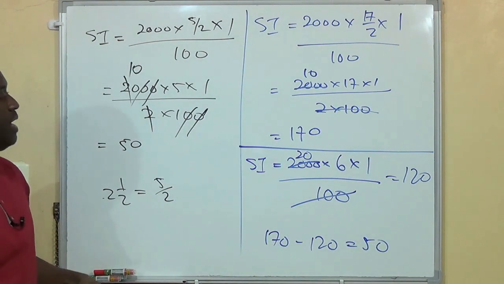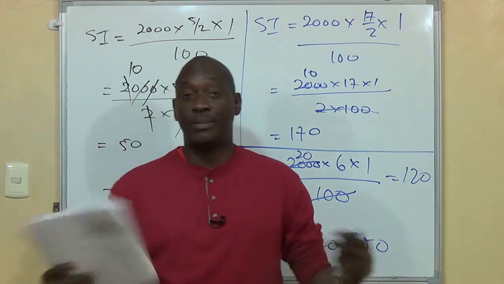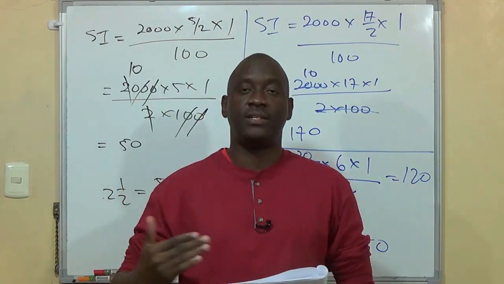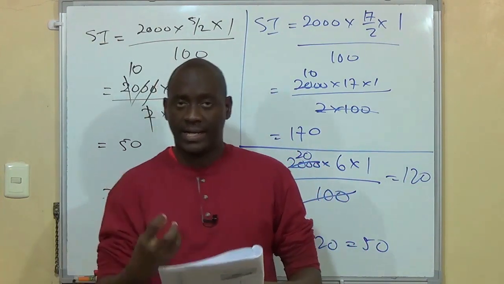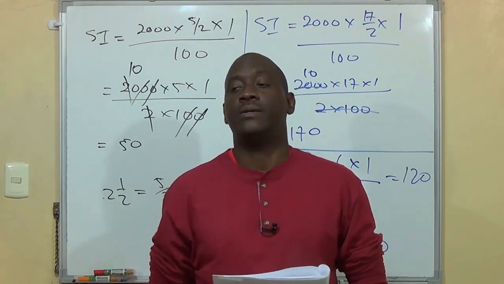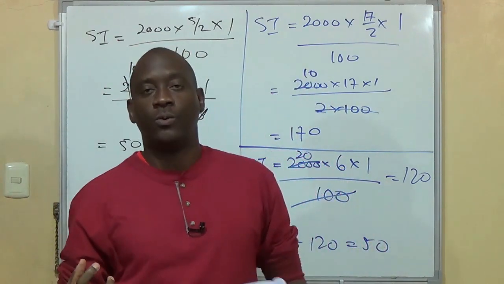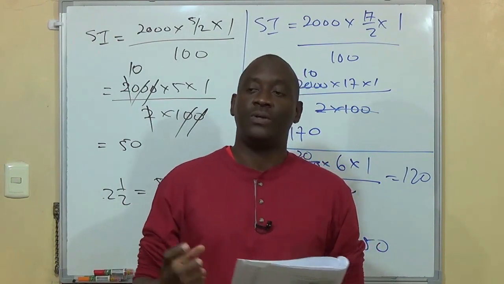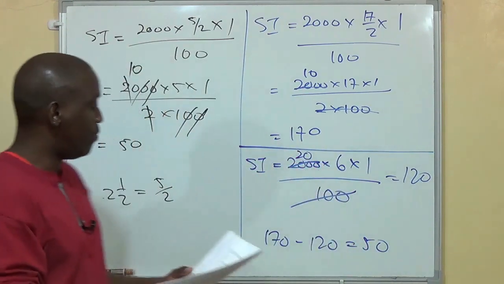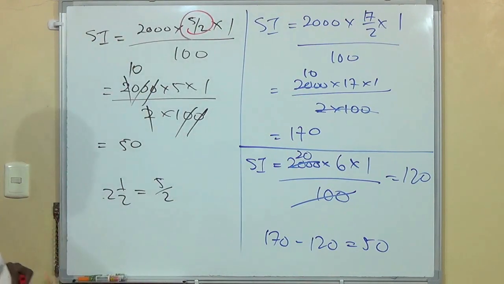So in other words, having seen this video, if you come across a multiple choice question, or even a question in your paper 2, possibly in your paper 3, where you have to deal with two different percentages and calculate the difference in the interest at one percent and at another percent, you know now that if you're talking simple interest, all you need to do is minus the two interest rates, and whatever you get there, you use that as one single entity in the regular formula, principal by rate by time.